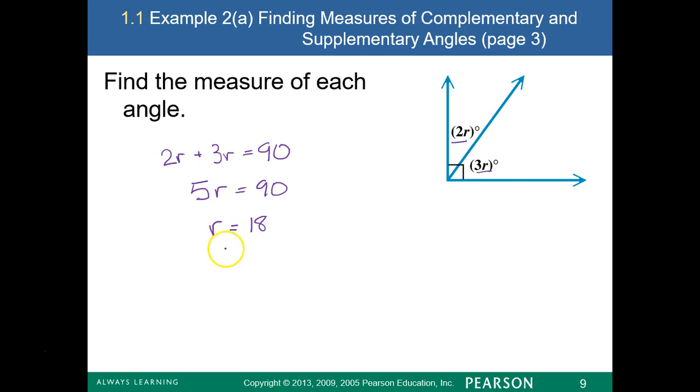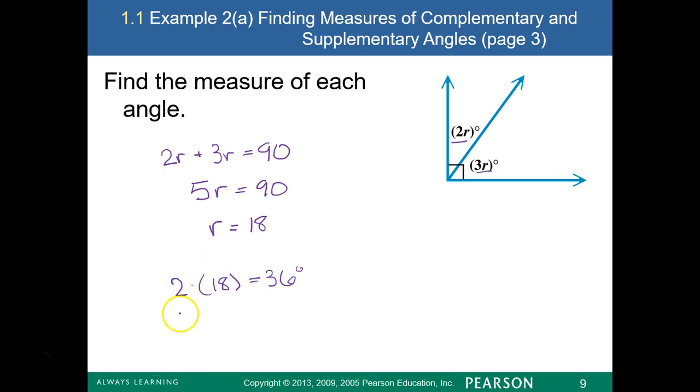Now to figure out what each of these angle measurements are, just plug r back into this degree measurement and this one too. So we get 2r, or 2 times 18, and that's equal to 36 degrees.